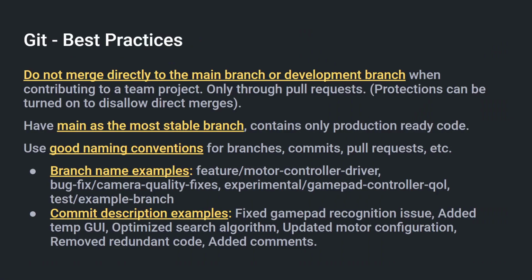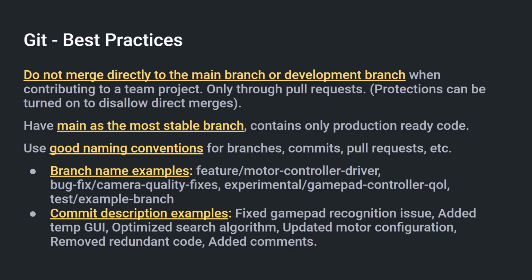All right, so let's talk about best practices for Git. Make sure to not merge directly to the main branch or directly to the development branch when contributing to a team project, and make sure it's only done through pull requests so that people can discuss code changes.